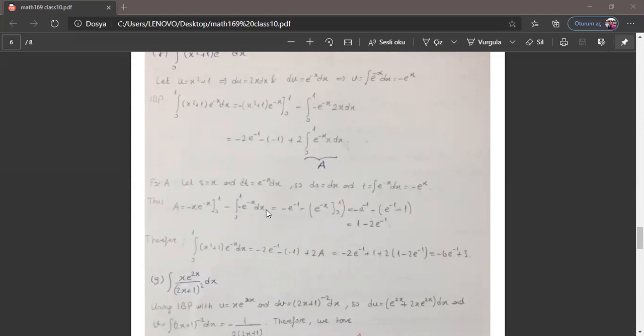Okay, ds is dx, so here we have this. Now the rest is easy, we just plug the variables and get the result. Then A is equal to this, 1 minus 2e to the minus 1. So this, which is what we wanted to find, is equal to this one. And here, instead of A, we write this result and get this.